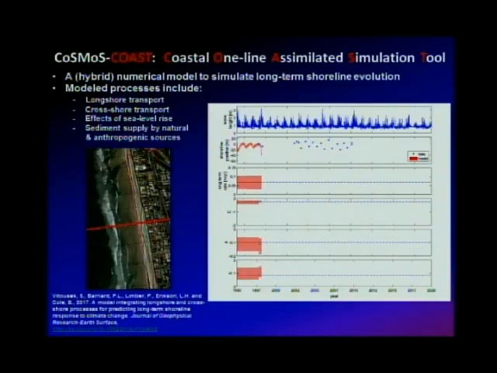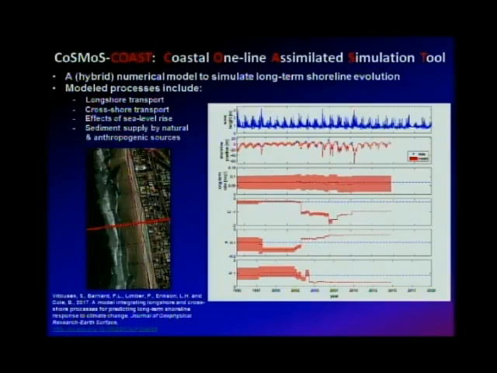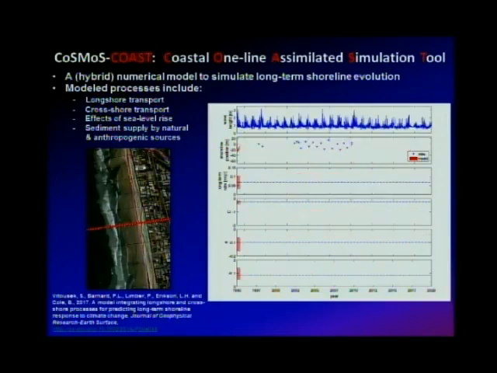Every time it hits an observation, it tunes these different knobs so we're getting the right answer historically. Then that gives us much more confidence when we make our future projections. So a data-driven model tunes all the parameters locally. Every 100 meters along the California coast, we have these observations and these individual models.